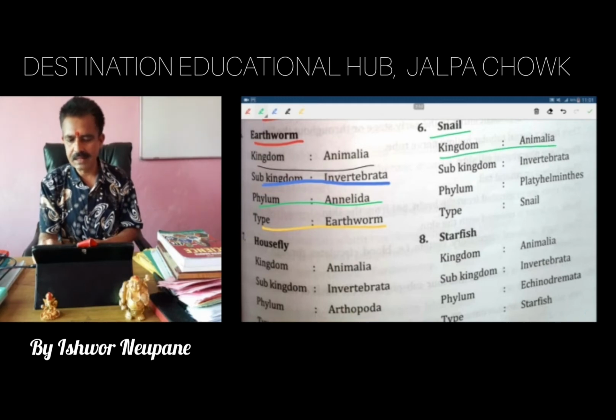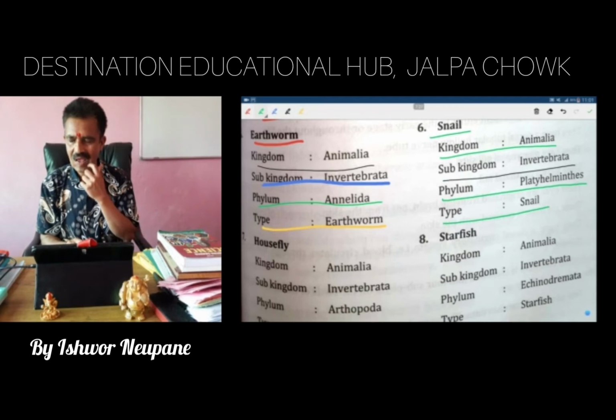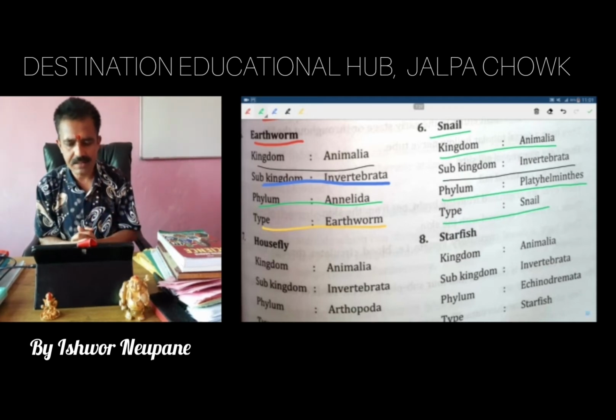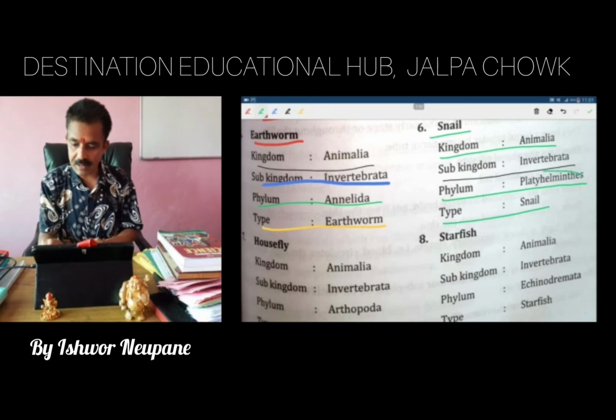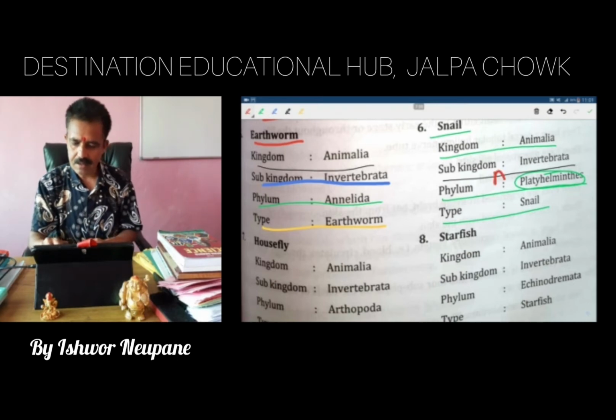Now it's time to discuss the classification of snail. Kingdom, Animalia. Subkingdom, Invertebrata. Phylum, Platyhelminthes. Type, snail. So, what are the special characteristics of... no, this snail is not Platyhelminthes, it's wrong. Snail is Mollusca. M-O-L-L-U-S-C-A.